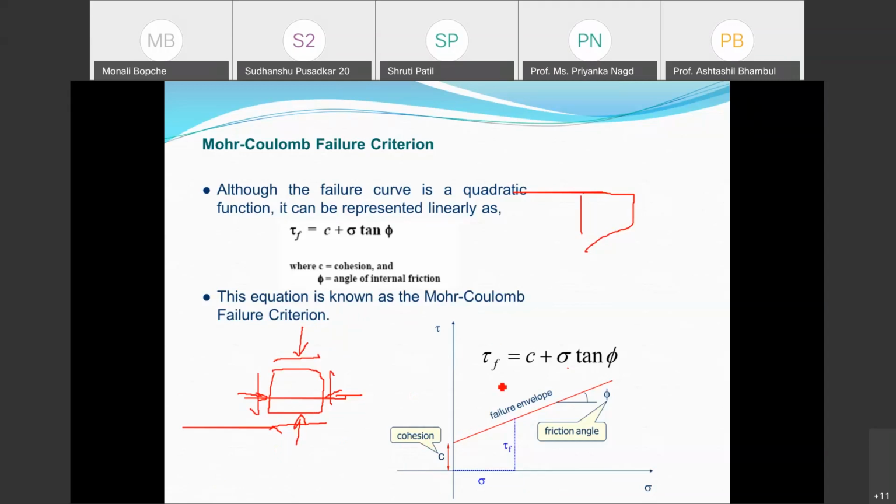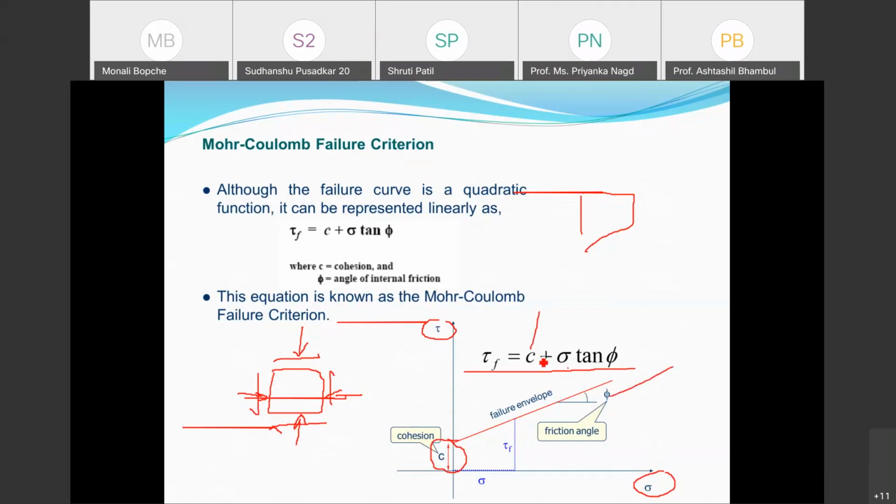Now this shear stress is correlated with sigma by Mohr and modified by Coulomb, and hence this curve is called the modified Mohr-Coulomb's law, tau is equal to C plus sigma tan phi, where C is nothing but the intersection of this failure envelope on the tau axis, and phi is the inclination of this failure plane, which is termed the friction angle.